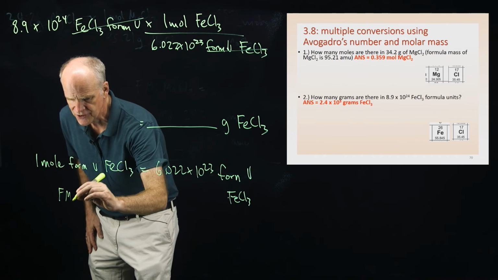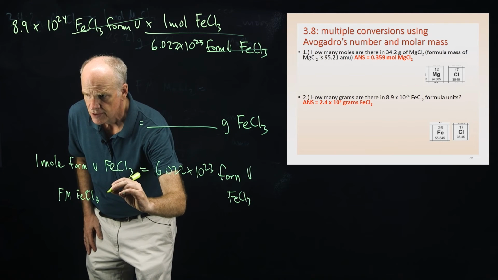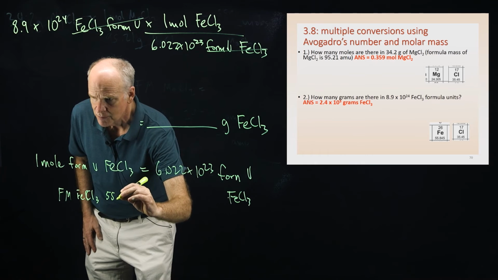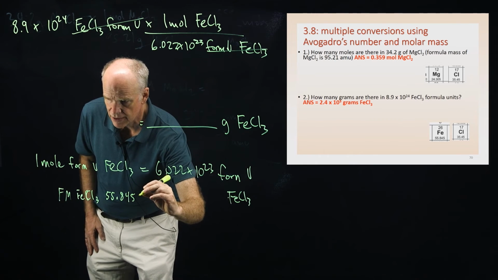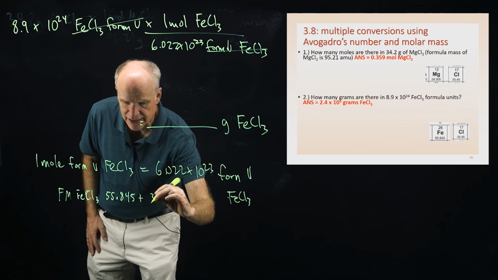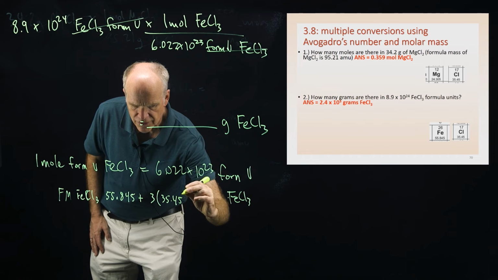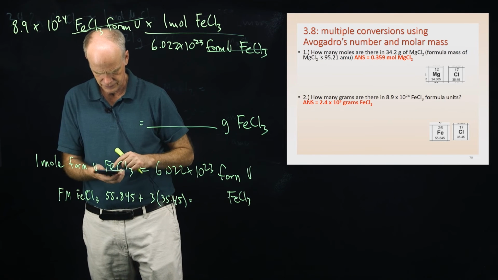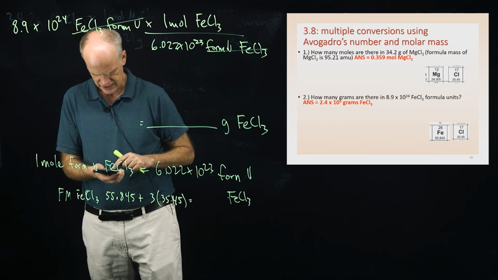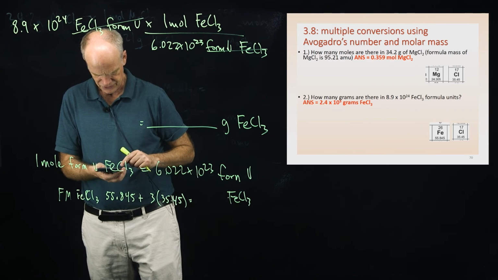Formula mass of iron chloride is going to be 55.845 in atomic mass units plus 3 times 35.45. And so let's work this out. So it's 35.45 times 3.